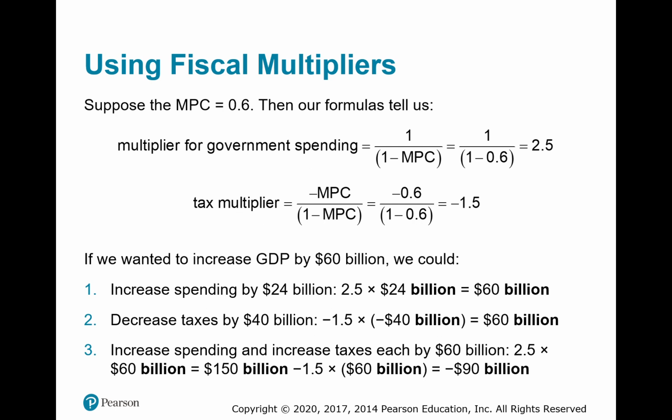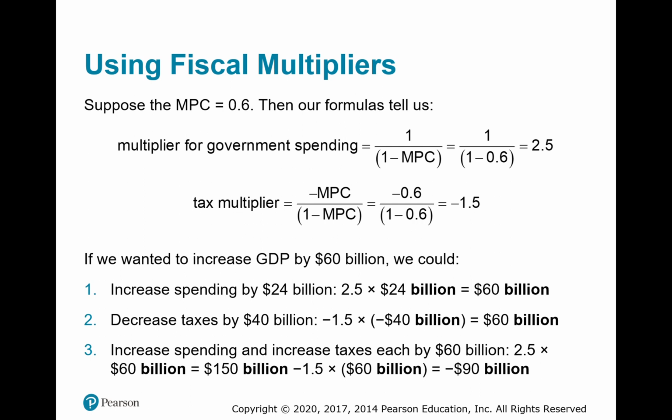Now the tax multiplier is again negative, but notice that 0.6 becomes a negative 0.6 over our marginal propensity to save, or 1 minus MPC, but we plug in the MPC so we can figure out the marginal propensity to save. The subtraction from 1 ends up being 0.4, so minus 0.6 over 0.4 gives us a negative 1.5.